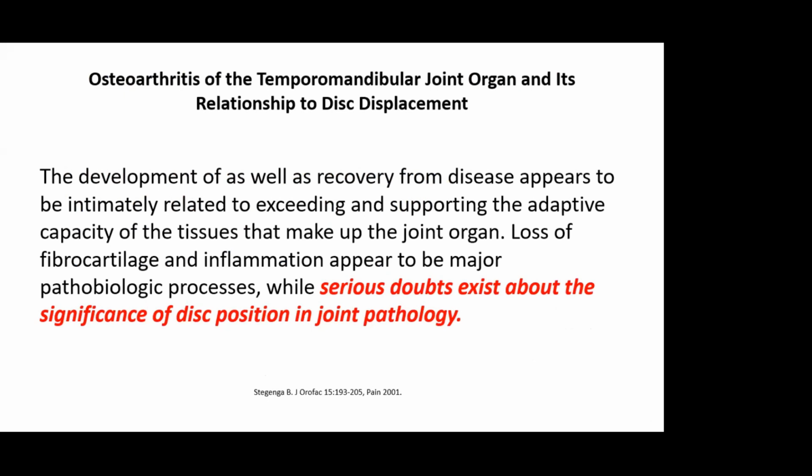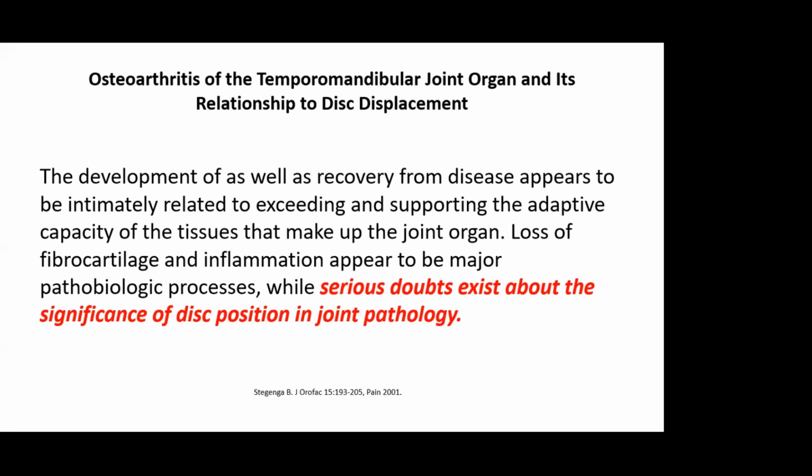As I said in my previous lecture, disc function is more important than disc position. The disc is displaced in internal derangement as the result of that cascade of inflammation that occurs in the joint as the result of the development of cytokines due to overload of the joint.